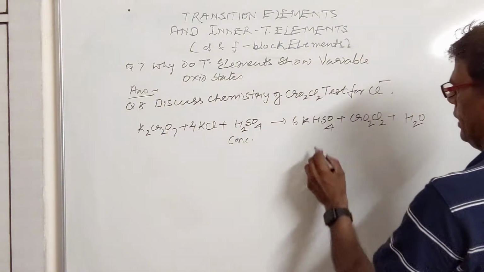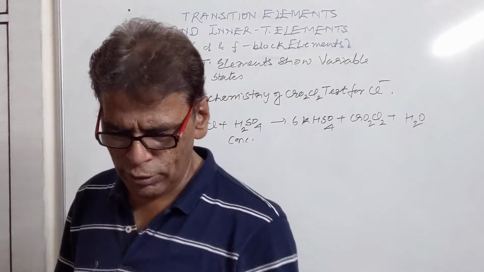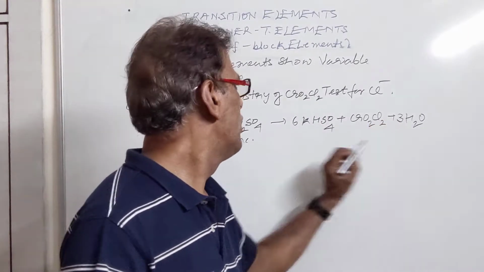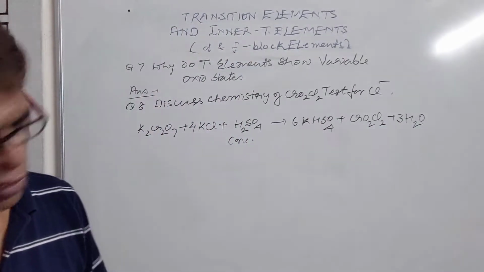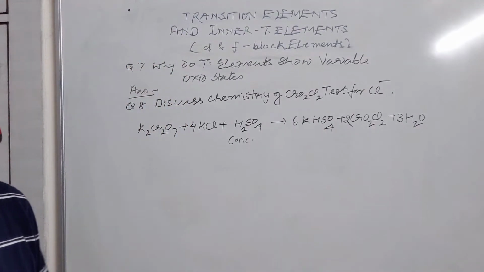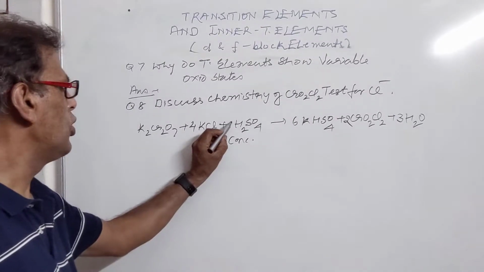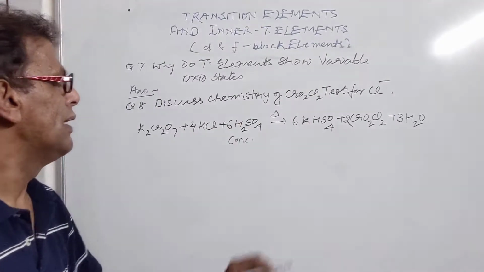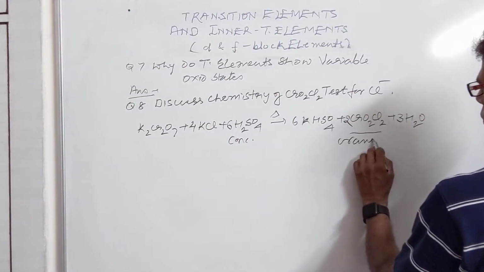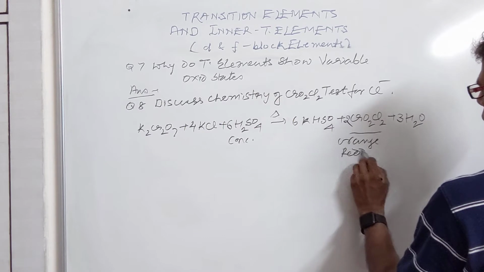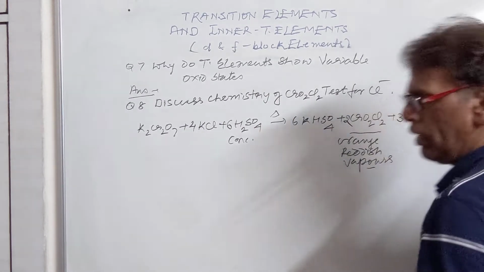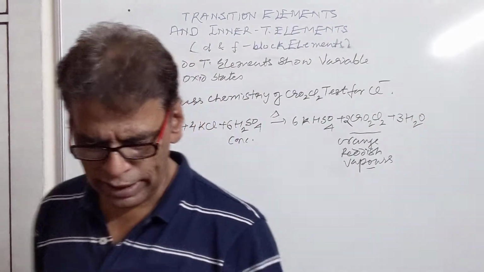So we get potassium hydrogen sulfate, 6KHSO4, and 2 molecules of chromyl chloride. K2Cr2O7 plus 4KCl plus 6 molecules of H2SO4 are heated. These are the dangerous orange reddish vapors. So this is the chemistry of the chromyl chloride test, a very important test for chloride ion.